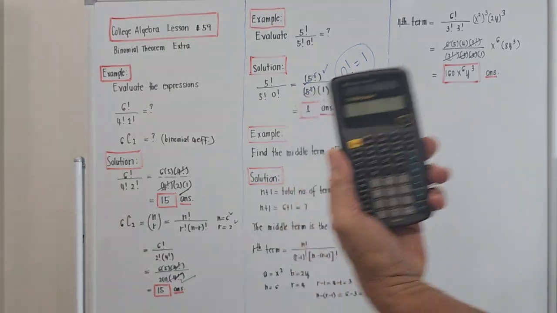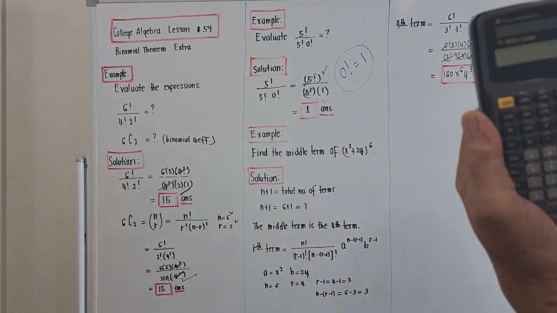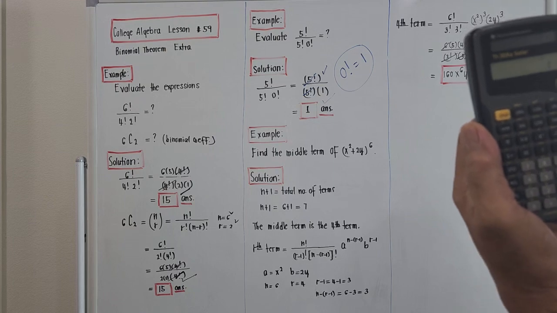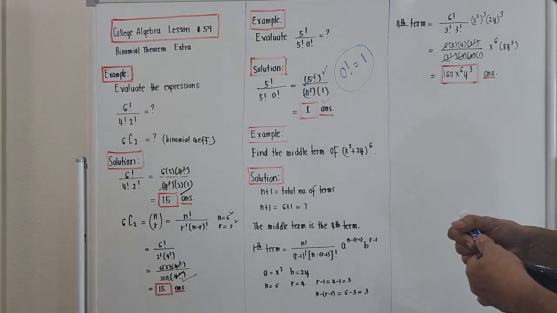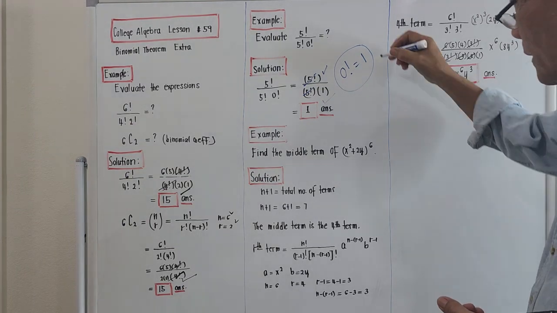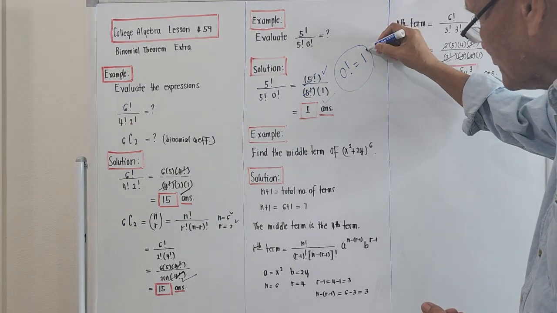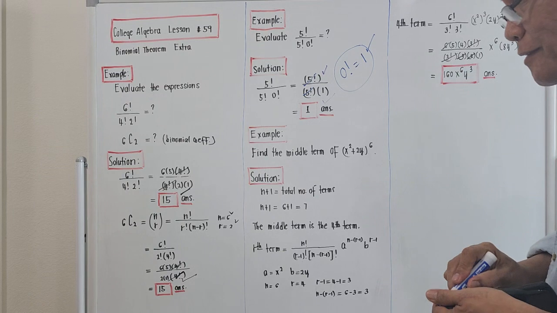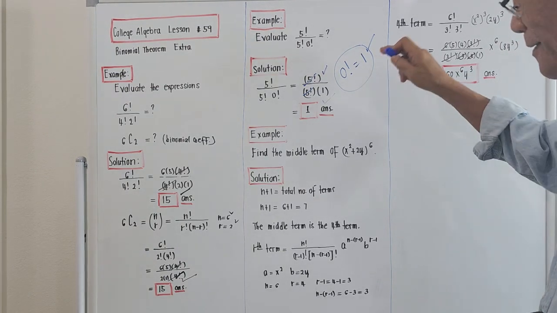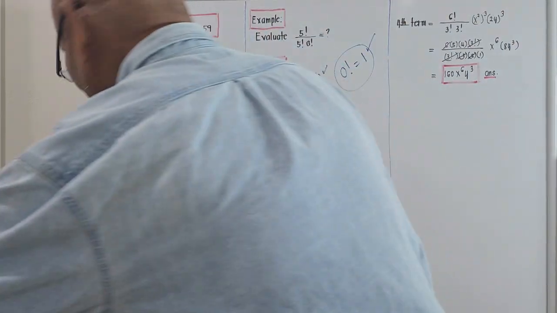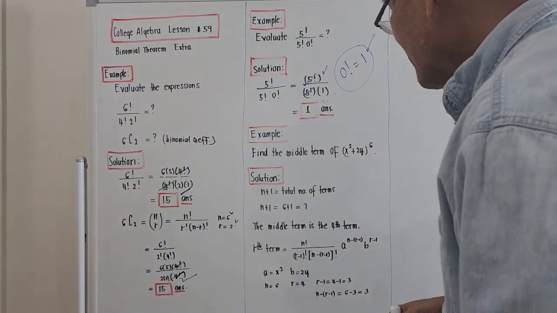The answer is 1. So by using the calculator, 0 factorial is 1. So our textbook is saying that 0 factorial is 1, so it is really 1. So our answer here is 1.